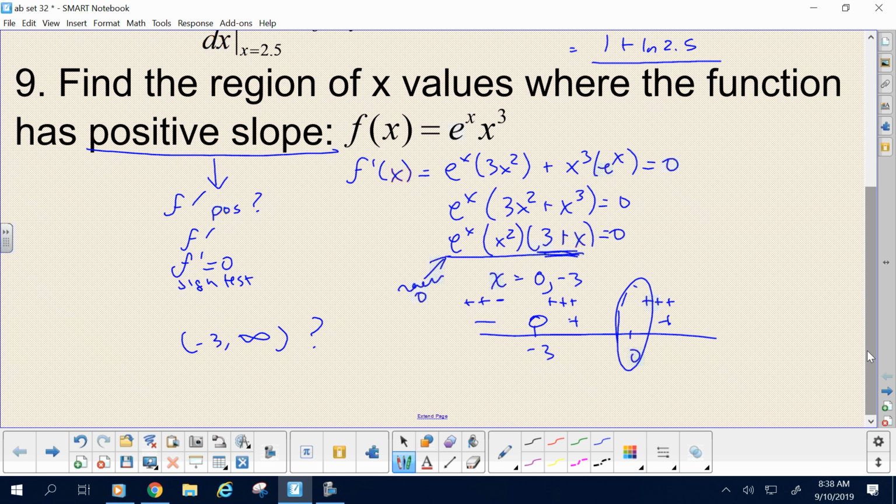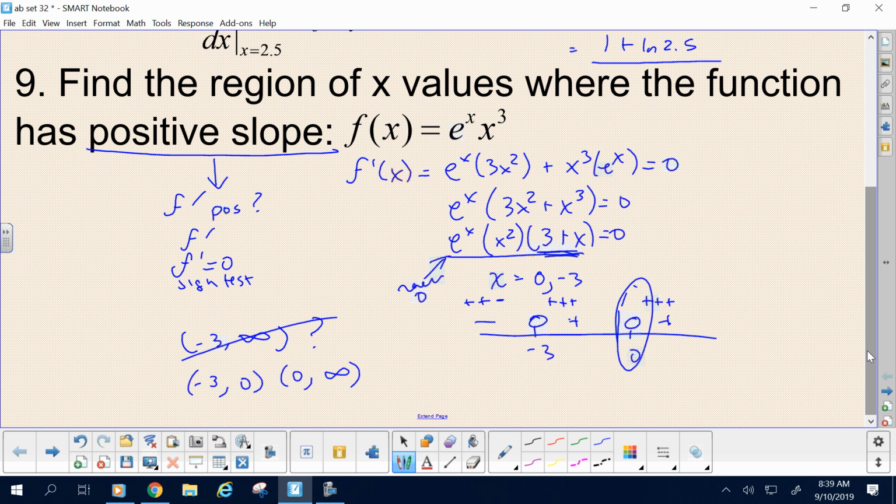And at 0, what's the derivative? 0. And is it positive at 0? No, it's 0 at 0. So you actually have a little gap in positivity there, and it is from -3 to 0 and 0 to infinity. The derivative is not positive nor negative at 0.